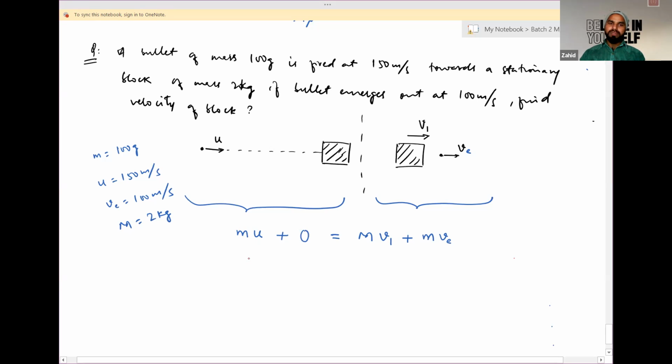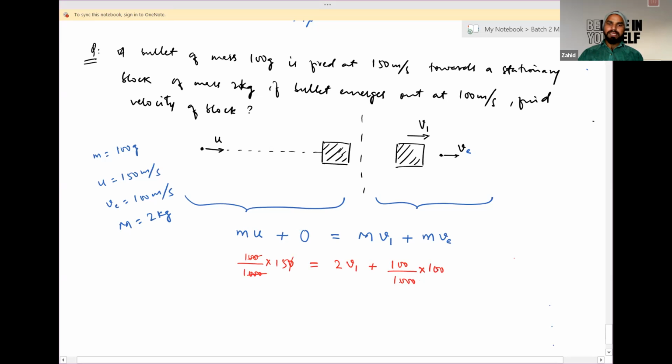Here we have mass of bullet, 100 gram, divided by 1000. So it will be 100 by 1000. Velocity of bullet is 150. Mass of block is 2 kg. Velocity is V1. Mass of bullet is 100 divided by 1000. Velocity of emerging is 100. So this and this will cancel out.